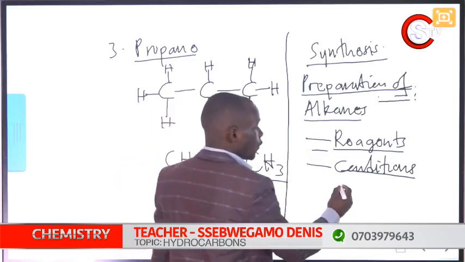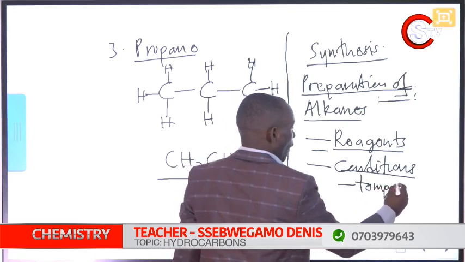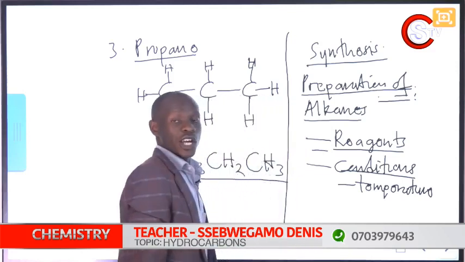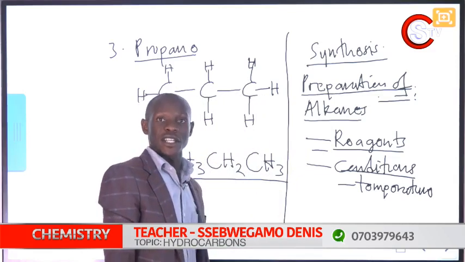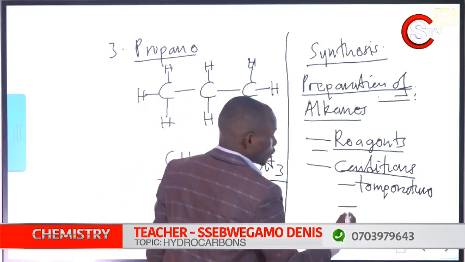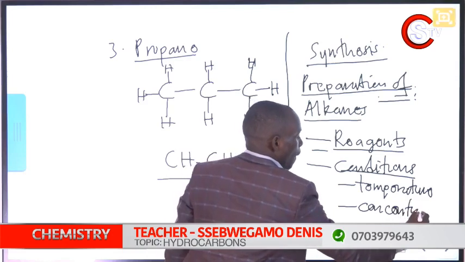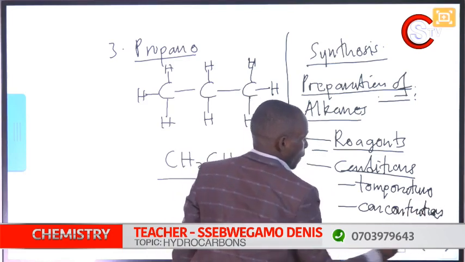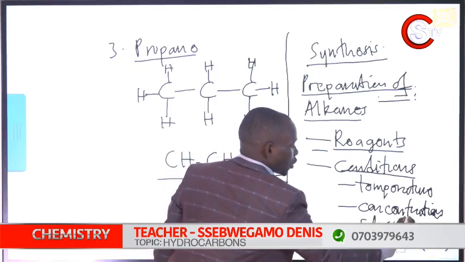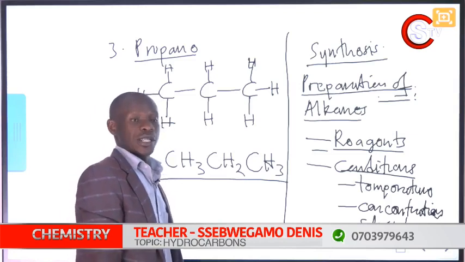Conditions can be in terms of temperature. At what temperature? Because chemical reactions take place at specific temperatures. We can look at concentration of the reagents, and solvents. Some reactions require specific solvents to take place.